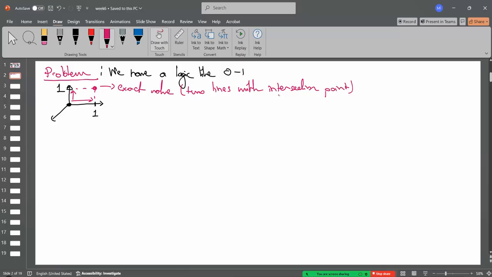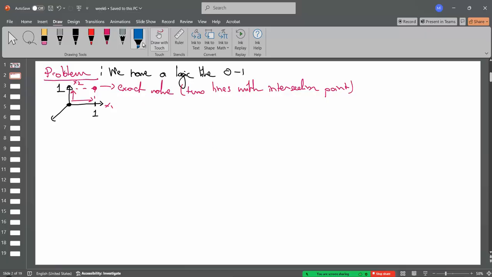This is the meaning of the geometry based on this decision. And so if we have x2 and x1, and if we assign 1 and 1, then we can generate the output at the intersection point of this value.